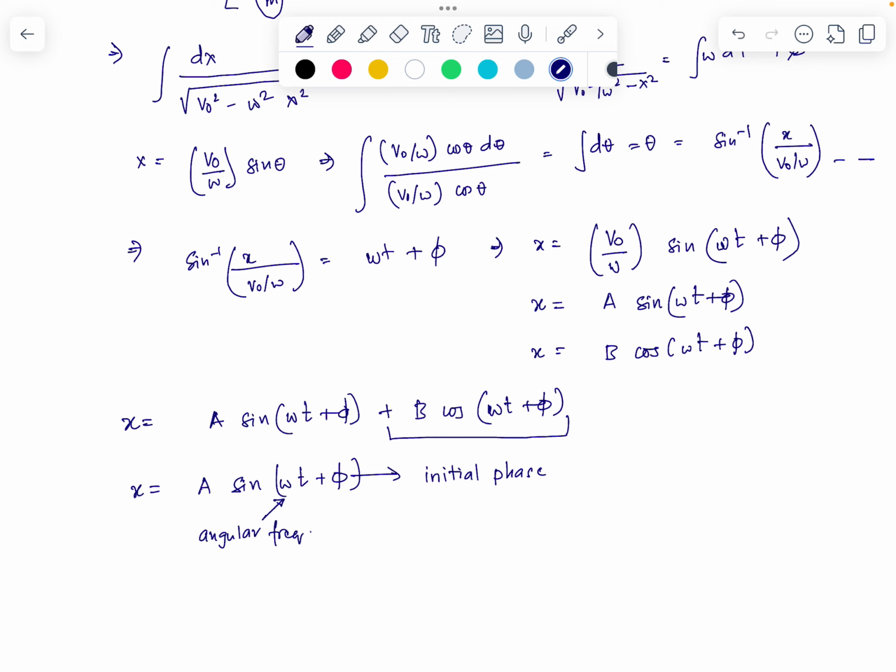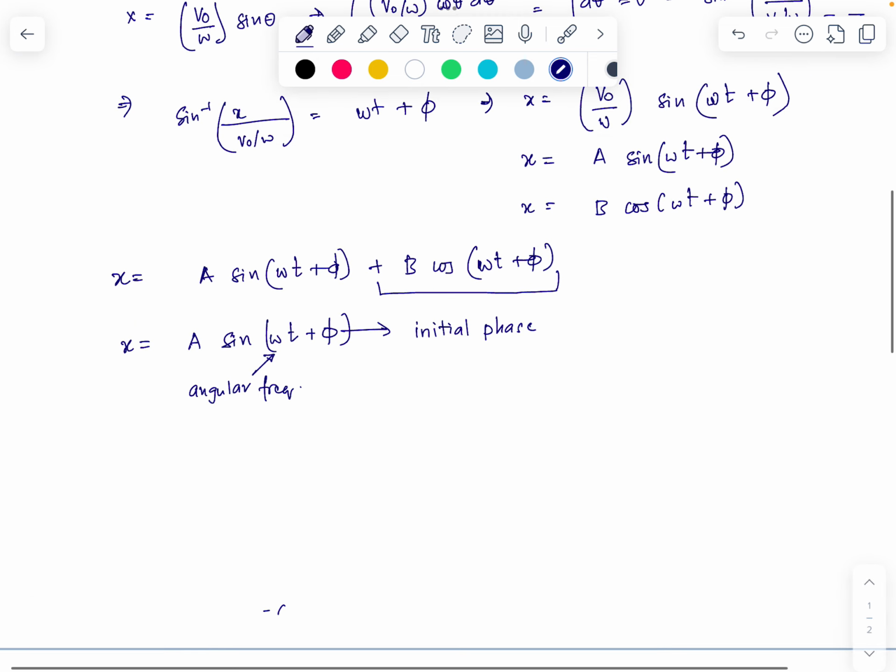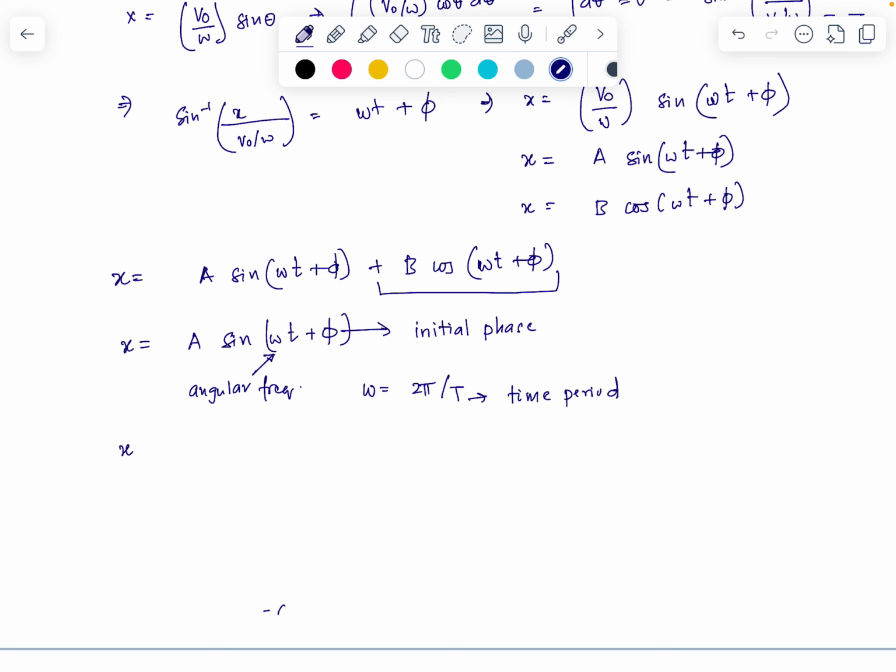We can write omega equals 2 pi divided by T, where T is called the time period. So x equals a times sine of 2 pi t divided by capital T plus phi, and here a is called the amplitude.